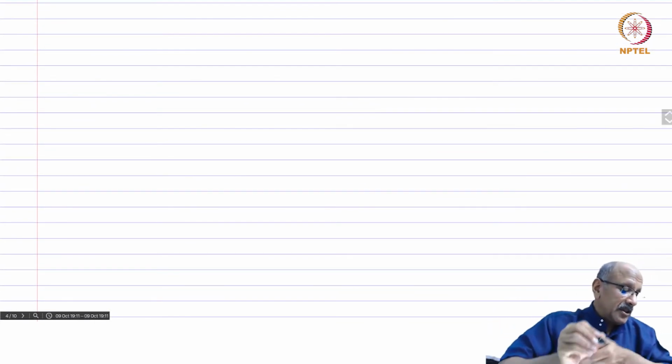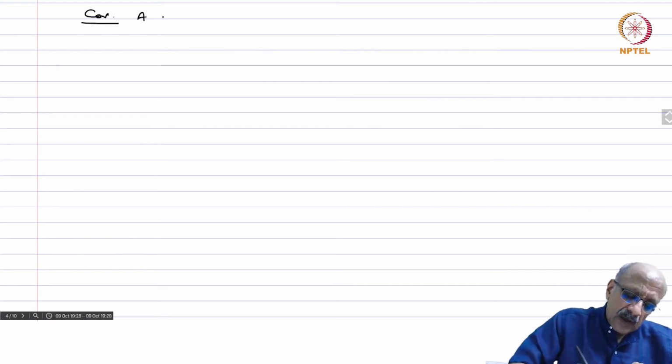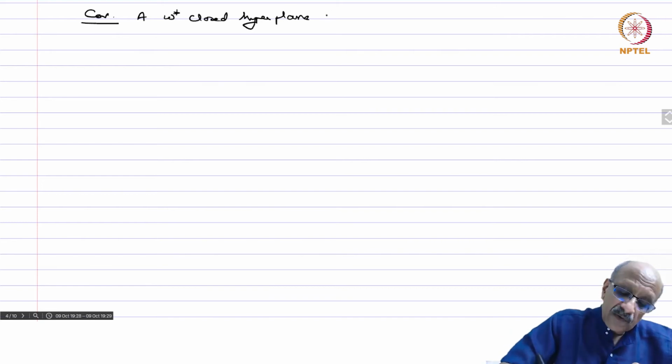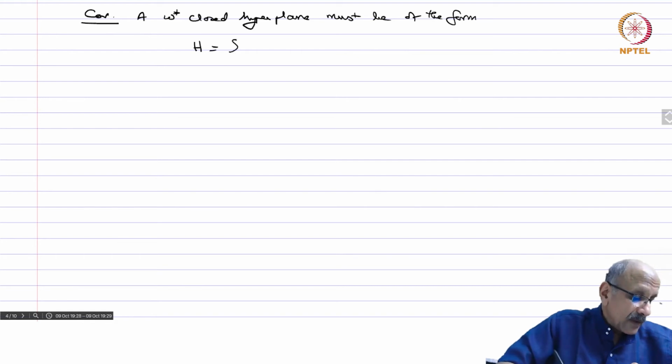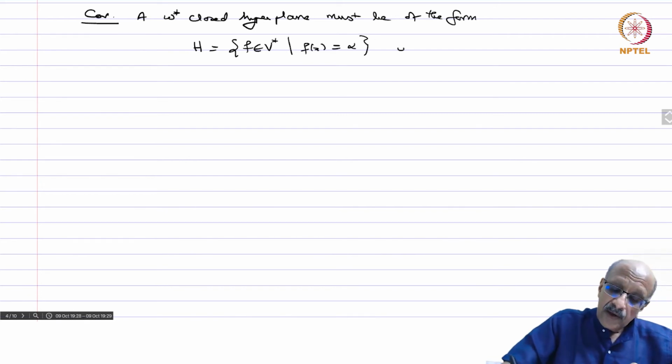Okay, so corollary: a weak star closed hyperplane must be of the form H equals {f in V star such that f(x) equals alpha}, where x belongs to V and alpha is a scalar.